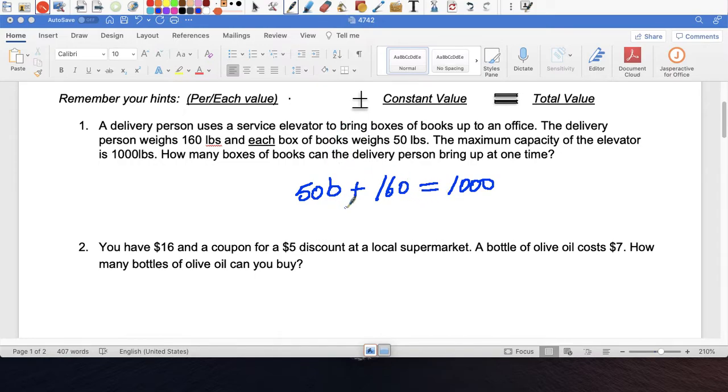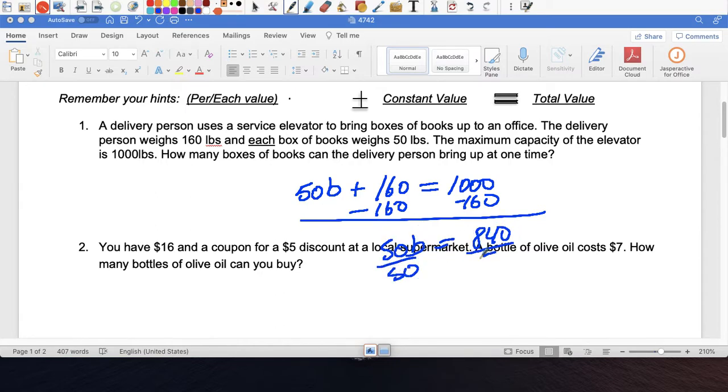So that's my equation. I'll solve it. What do we have here? 1,000 minus 160 is 840. I chewed a mastic gum, sorry. And then we have 50B, divide both sides by 50.